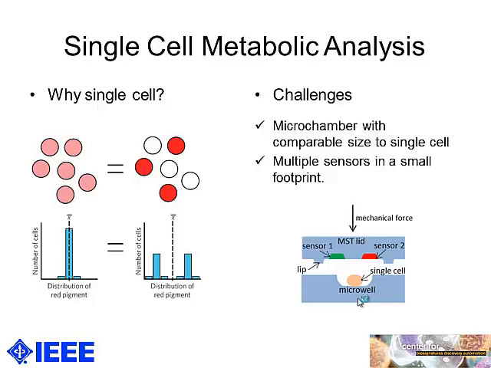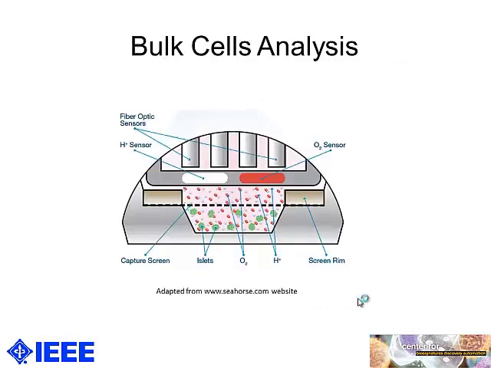But the issue for the single cell analysis is, if we go back to this page, if we assume that we put only 1 cell into this chamber, we could barely detect the change of the concentrations of oxygen and pH outside the single cell in such a large space.